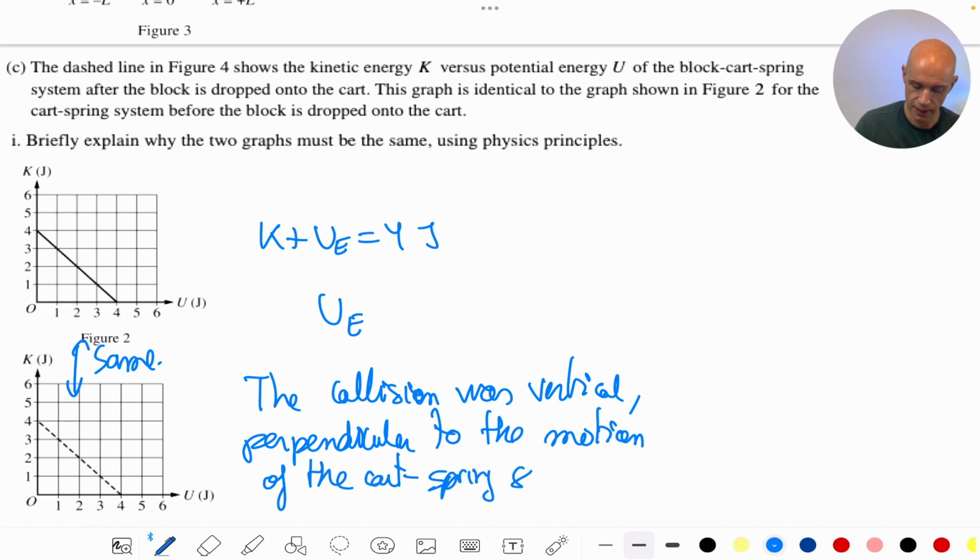So in this case, the forces did not affect the horizontal motion of the system. Therefore, the kinetic energy continues to be the same. There was nothing changing the x value of the speed. So this continues to be the same. That's the main reason. That's why it's the same, because the collision was vertical, perpendicular to the motion of the cart spring system. Okay, that's it. That's all you need to know.